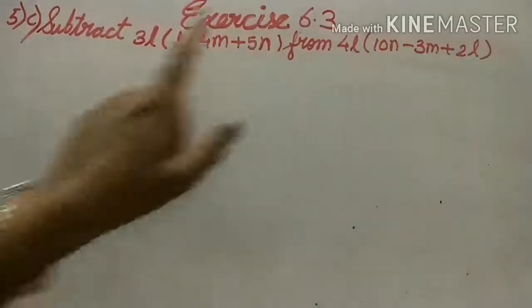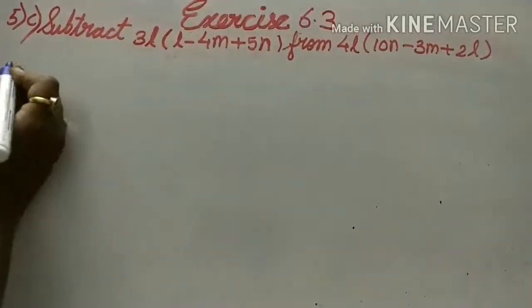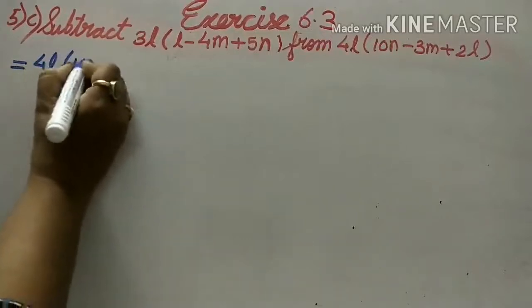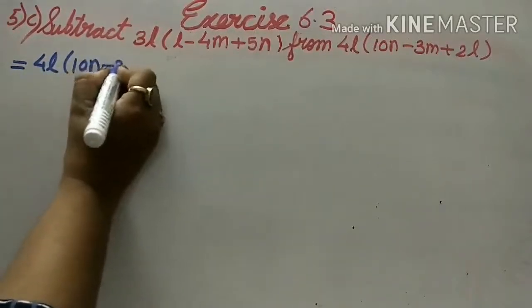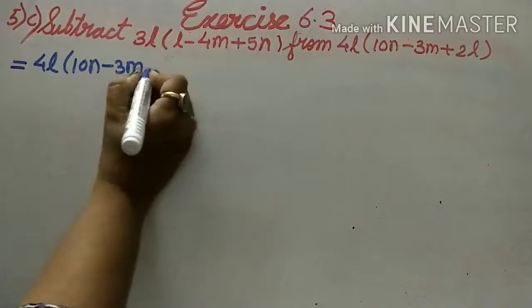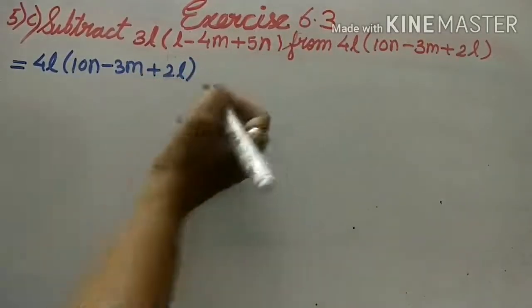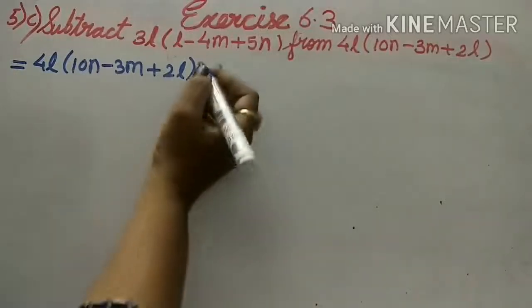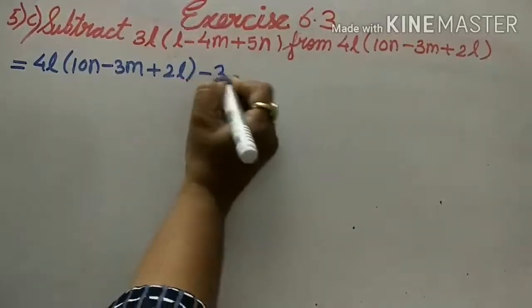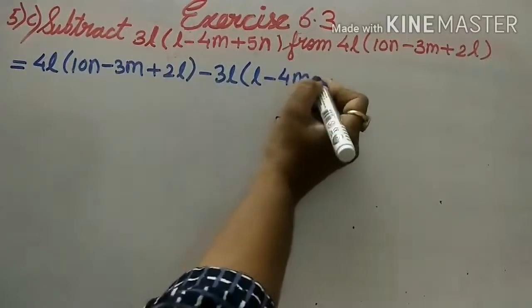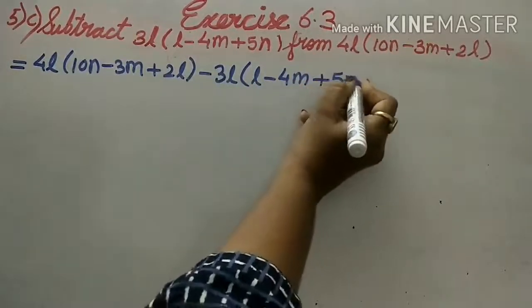So first we'll write this second expression, equal to 4l into bracket 10n minus 3m plus 2l, bracket completed. Because we have to perform here subtraction, so minus 3l into bracket l minus 4m plus 5n as it is.